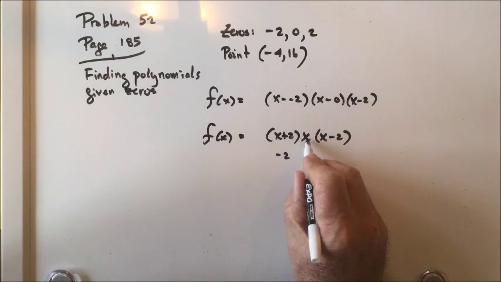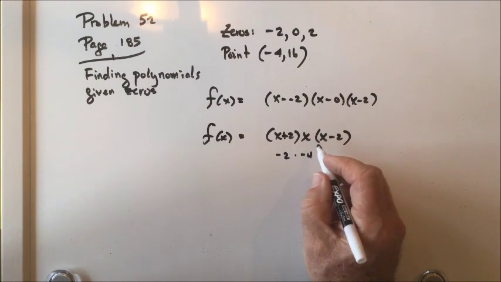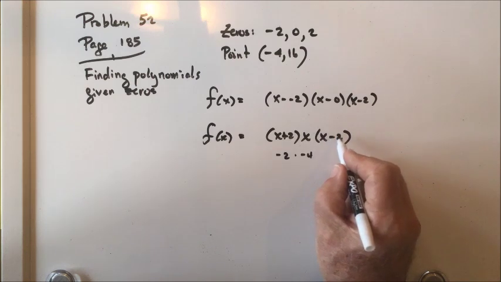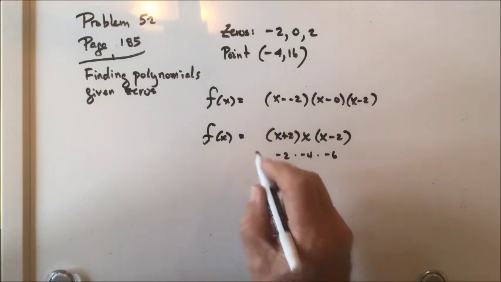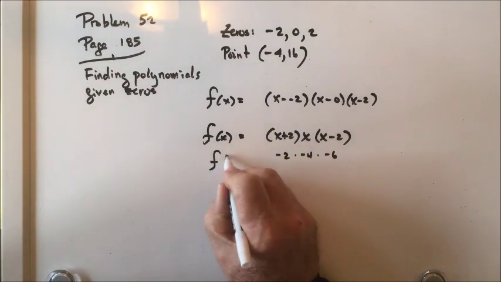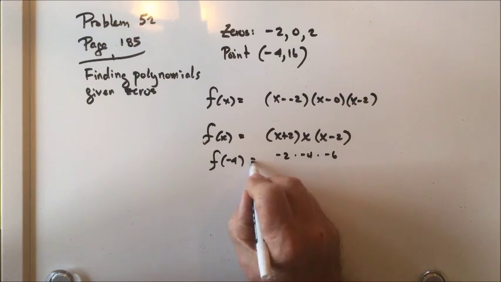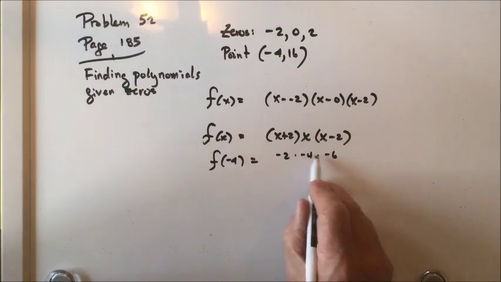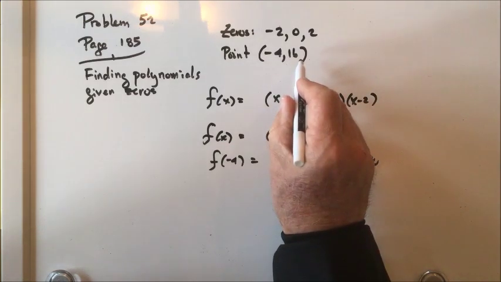Minus 4 inserted in for x is minus 4, and minus 4 minus 2 is minus 6. So in this case, f of minus 4 just turns out to be minus 48, not 16.